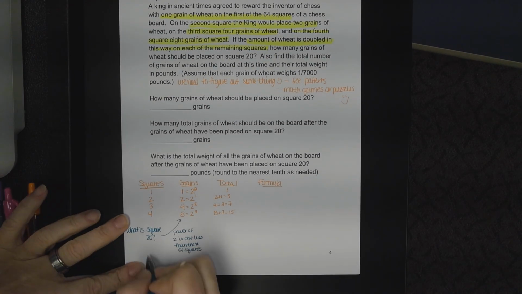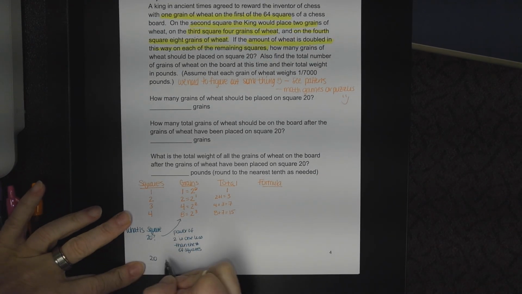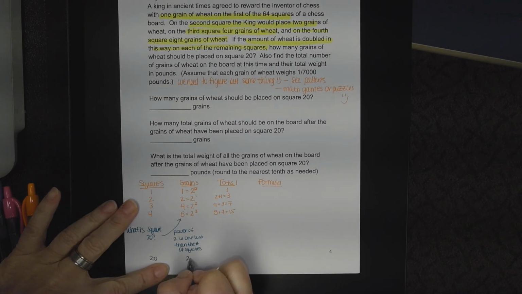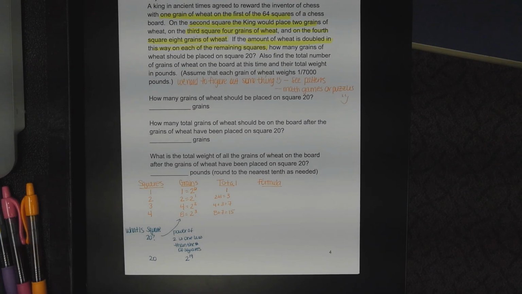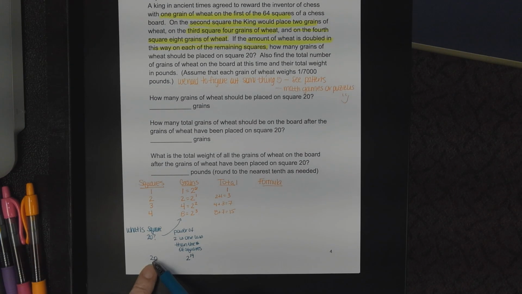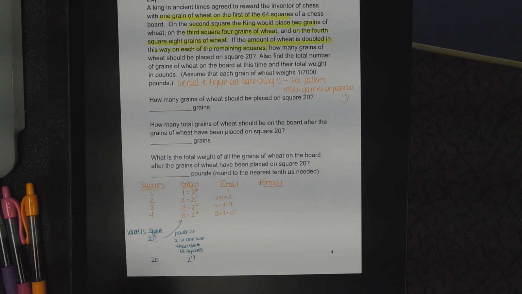So for 20, I'm going to put it down here, our number of grains is going to be 2 to the 19th. Y'all cool with that? Because for 4, it was 2 to the 3rd. So for 20, it's going to be 2 to the 19th.